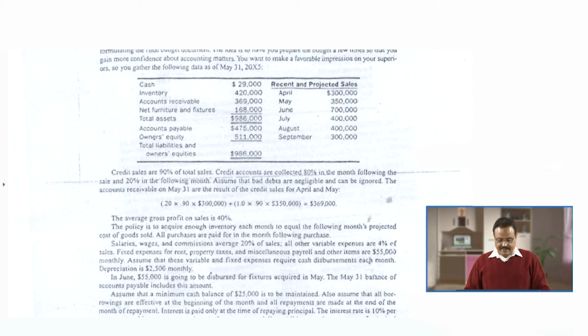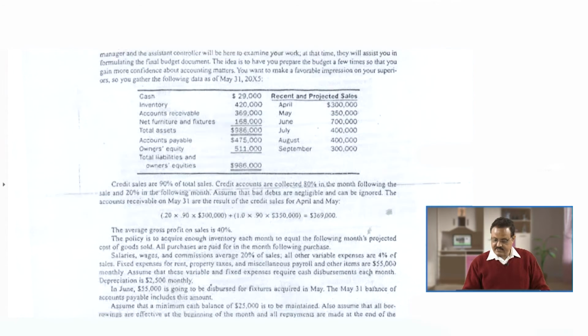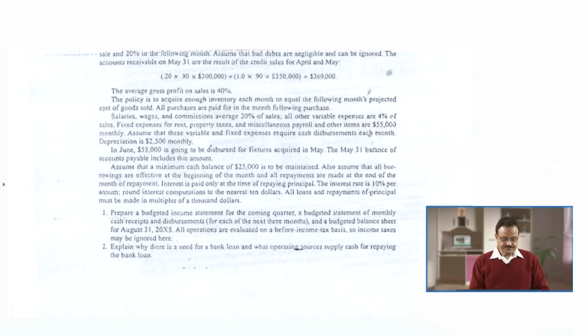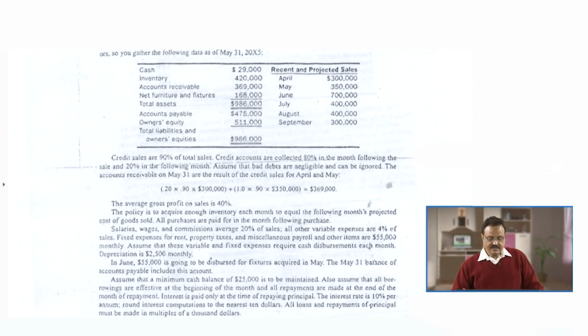But now there are certain conditions with regard to the cash. A very important condition given here is that assume that a minimum cash balance of $25,000 is to be maintained at all times. This is the minimum cash balance. It means whatever amount you want to use out of the available balance in the current month for making the payments, you can use any amount over and above 25,000.